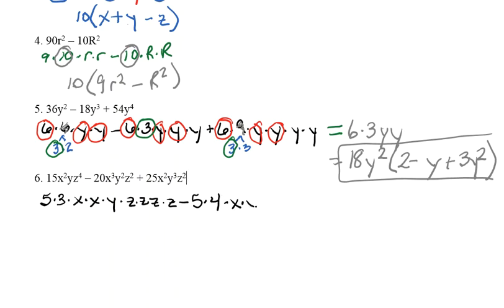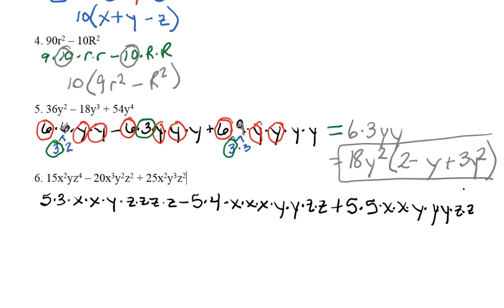I have 3 x's, 2 y's, and 2 z's. 25 is 5 times 5. I have 2 x's, 3 y's, and 2 z's.